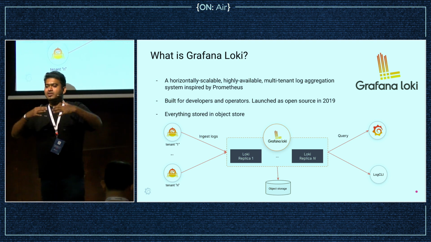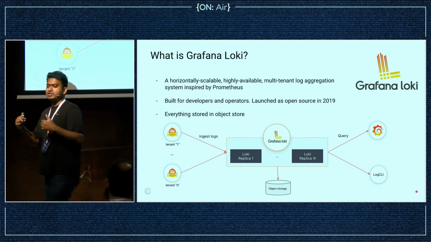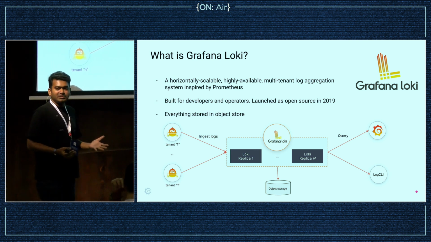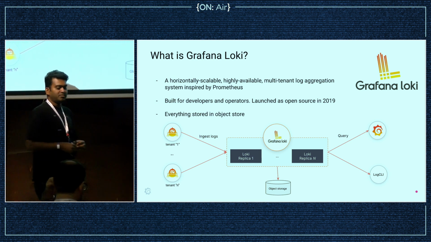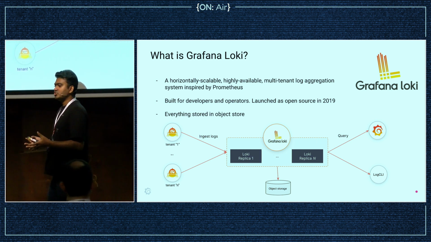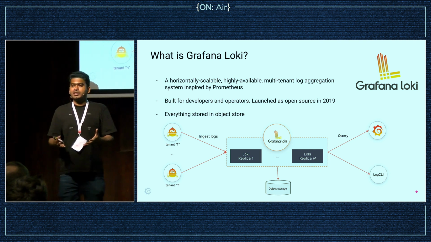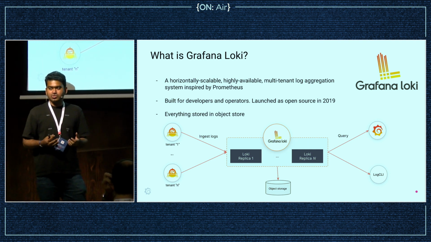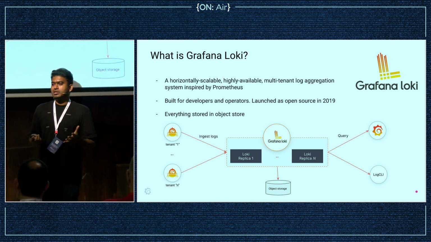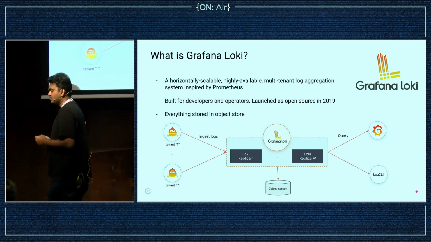We provide isolation from the storage layer up to the query level, so each tenant is isolated, basically. That's what we mean by multi-tenant. It's built for operators and developers, which is exactly what I said last. The goal is basically having simple tools which developers are familiar with and making them work at scale. Also easy to operate, fewer configs, less optimization to do, much simpler configs. That's the idea. It's a relatively new project, launched in 2019 as open source.